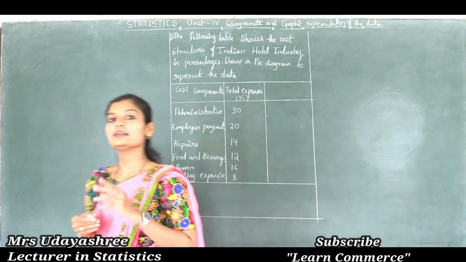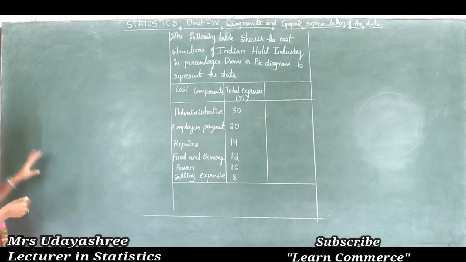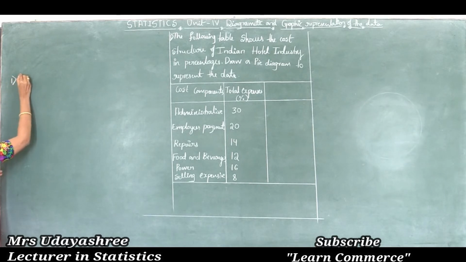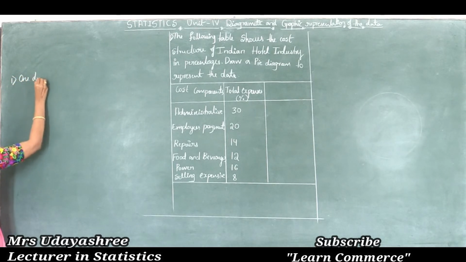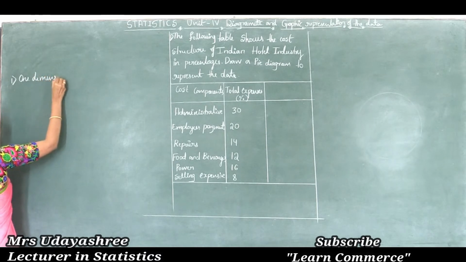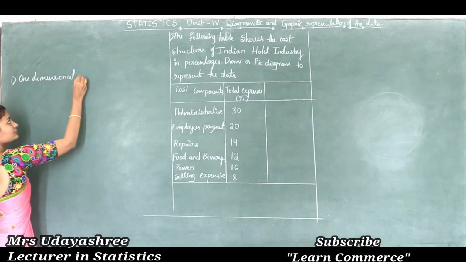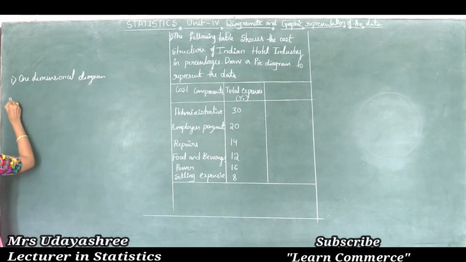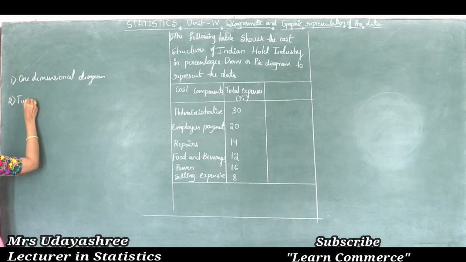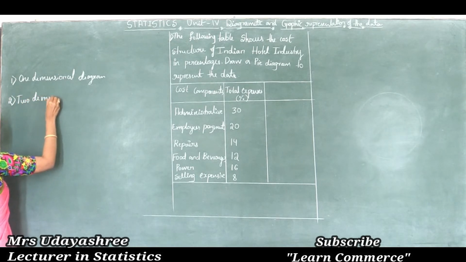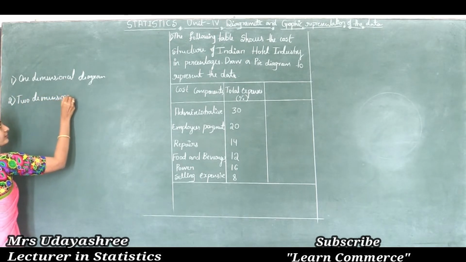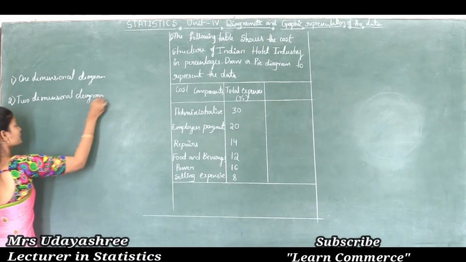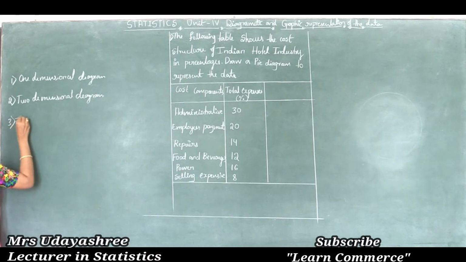We know the types of diagrams. So what are the types of diagrams? The first one is the one-dimensional diagram. The second one is the two-dimensional diagram. The third one is the three-dimensional diagram.